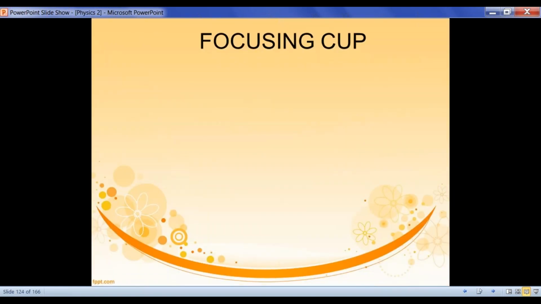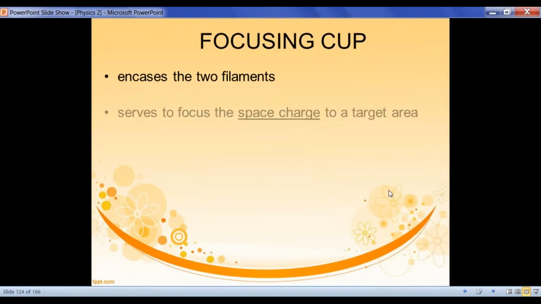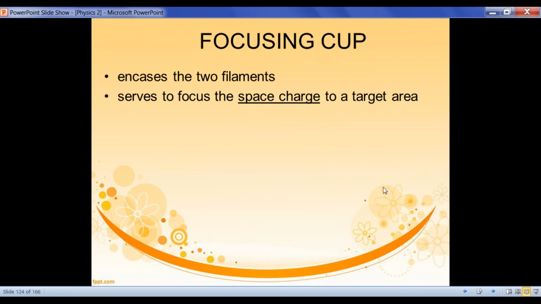So focusing cup naman po tayo. So purpose po ng focusing cup is to encase the two filaments, yung ating small at large filament. So naka-encase po siya sa focusing cup. And ang purpose po ng ating focusing cup is to focus the space charge to a target area. So pag sinabi po natin space charge, another term po nito is electron cloud.